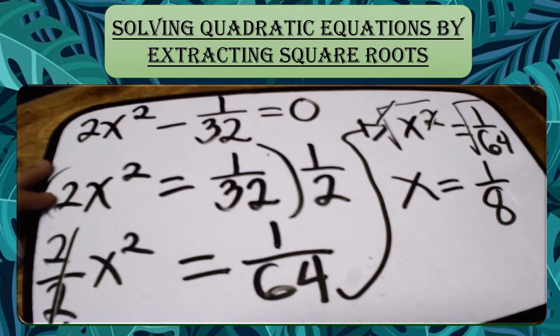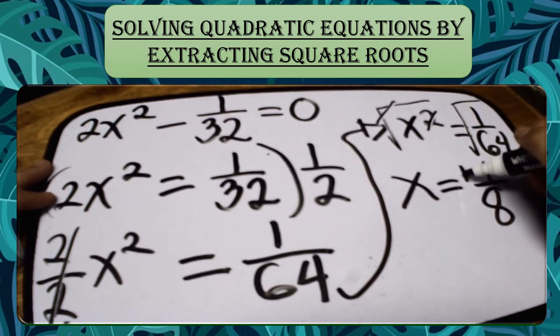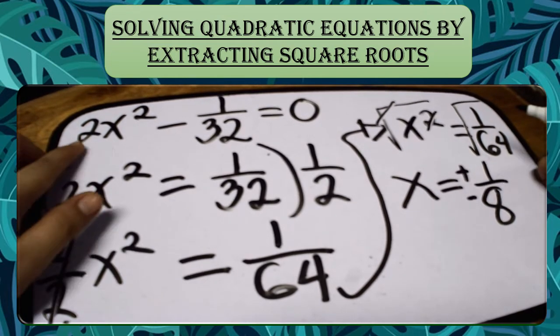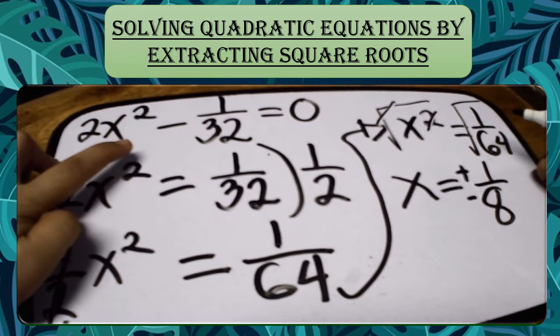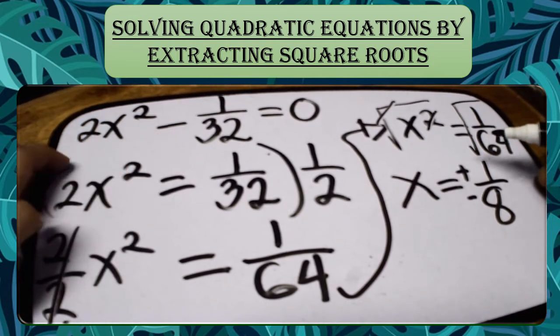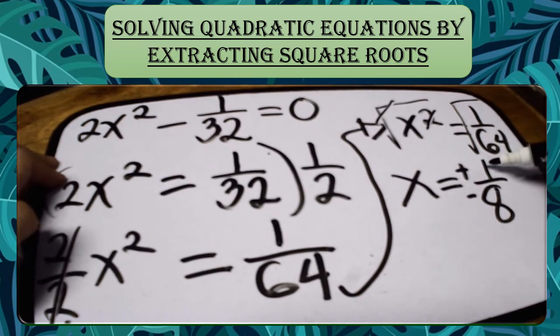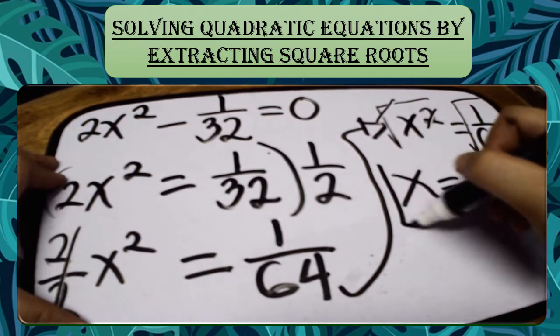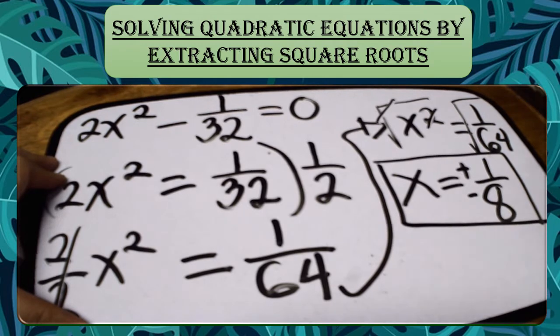Again, it is not only positive 1 over 8, it is positive and negative. Therefore, 2x squared minus 1 over 32 equals 0 gives x equal to positive and negative 1 over 8.